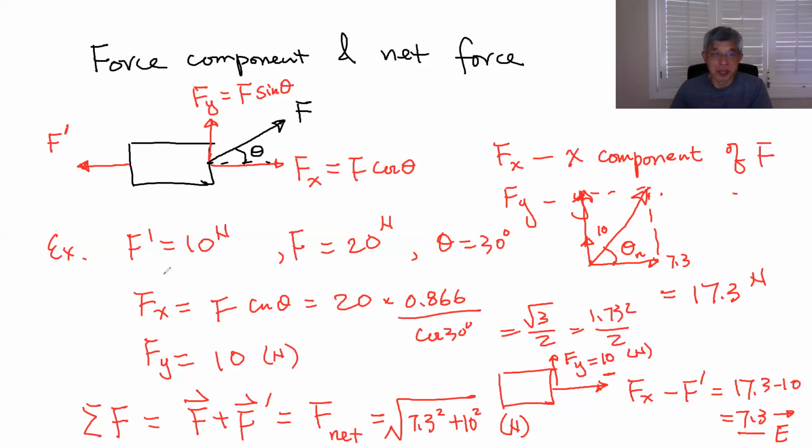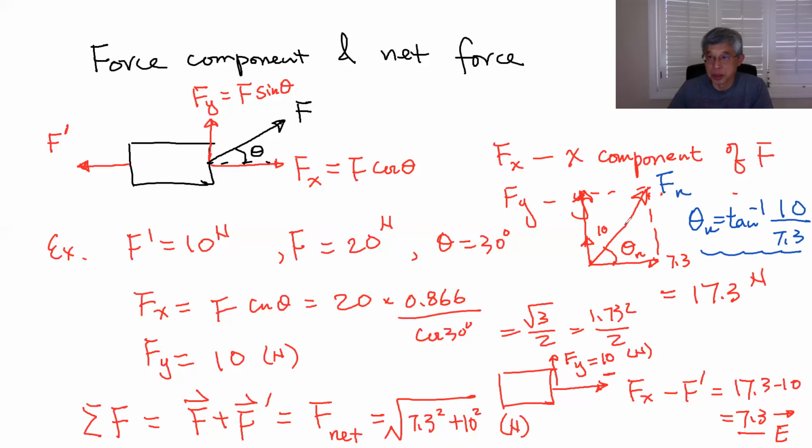This theta net will be the arctangent of the x component of the net, which is 7.3, over the 10 on top. That would be your theta net to describe this F net.